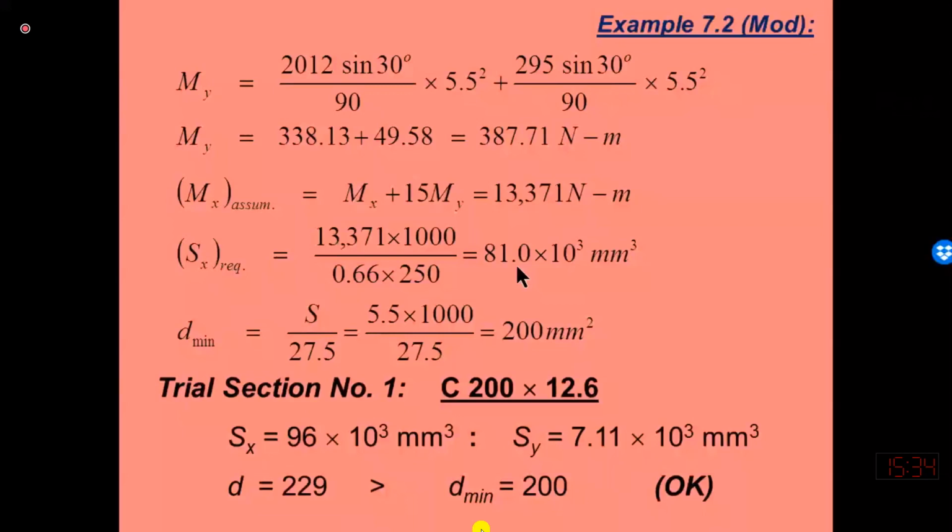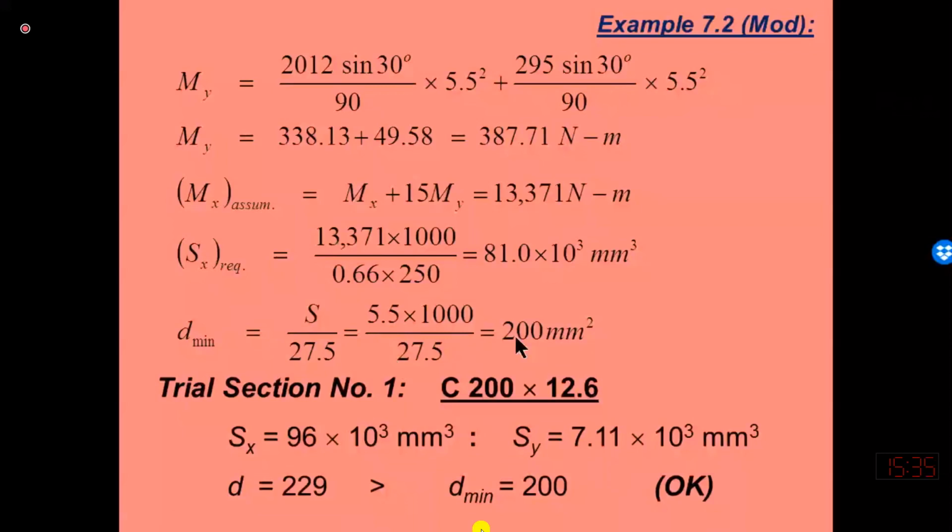Anyhow, if you select this for trial number 1, write down Sx and Sy. Check the D minimum. D minimum should be S over 27.5, so length of purlin multiplied by 1000 divided by 27.5. So we need to select a channel whose depth is more than or equal to 200. You will not select any channel section whose depth is less than 200.